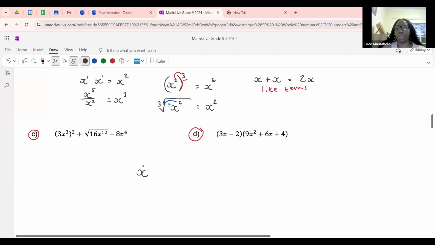Who's got an answer for me? Anybody? What is the exponent of any x sitting on its own? It's just 1.